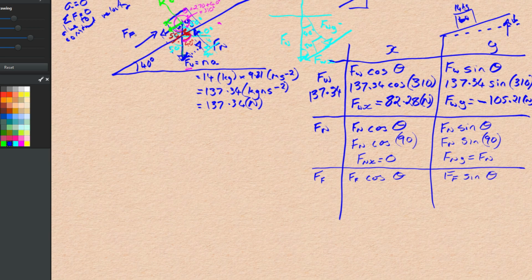We don't know what this is. Logically, it should be the x component of our weight force. But we'll just go through the sums, because sometimes you'll have an extra rope on here or something adding to it or subtracting to it, which will cause that to be something else.